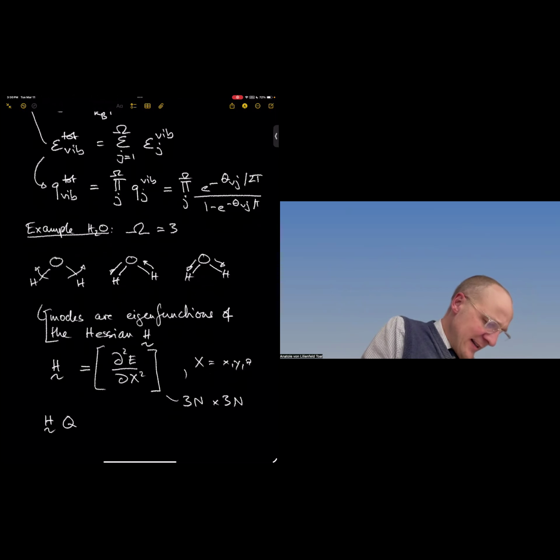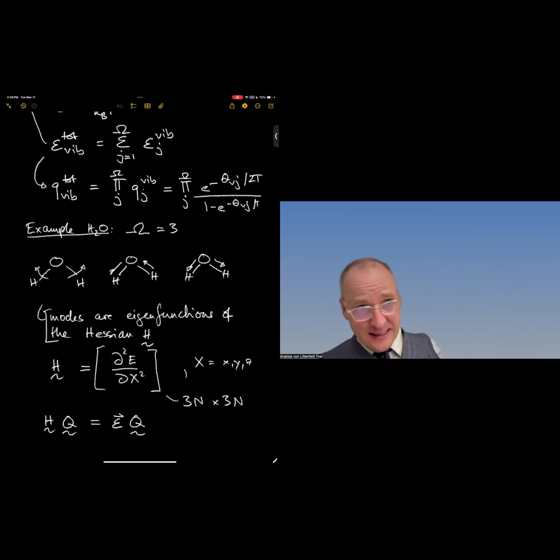So there is a matrix Q which will diagonalize my Hessian, which means I can write this as an eigenvalue problem, right?